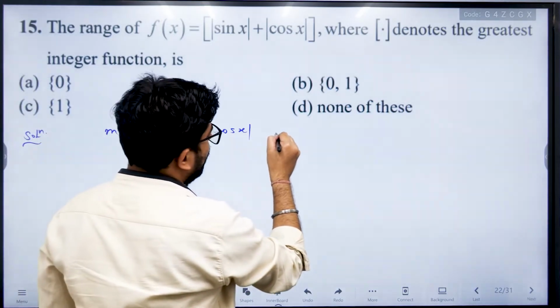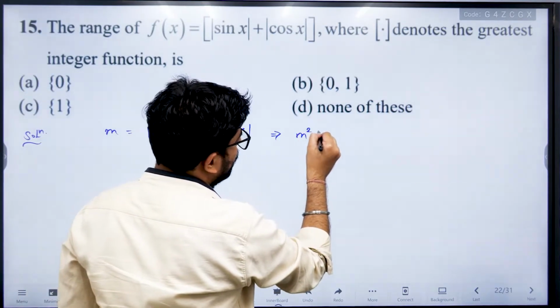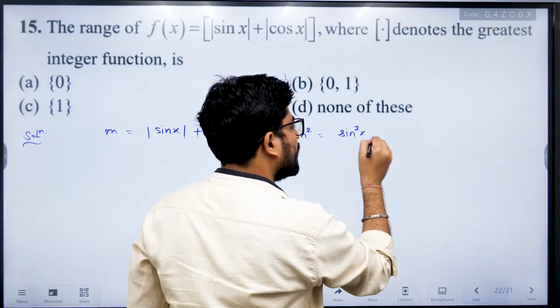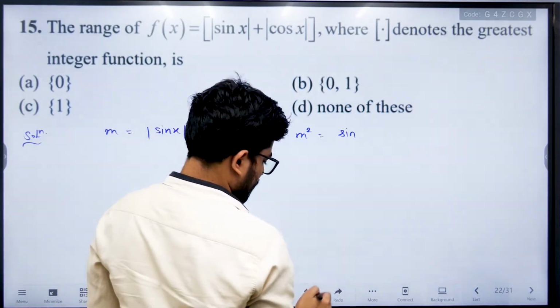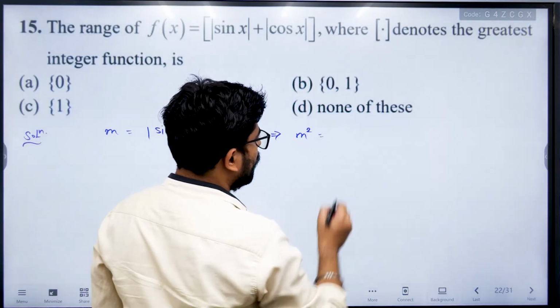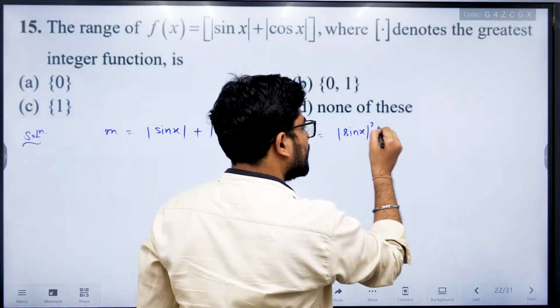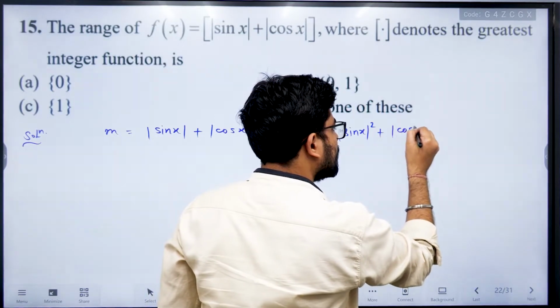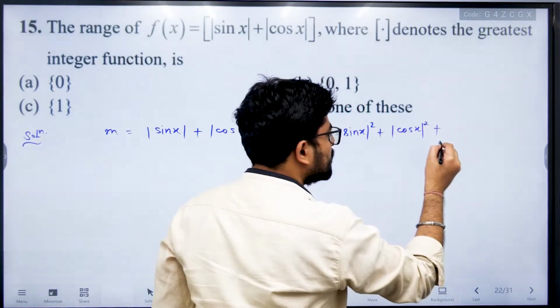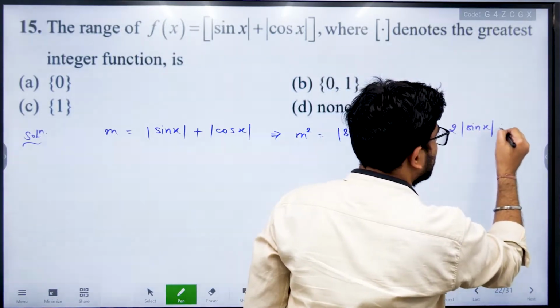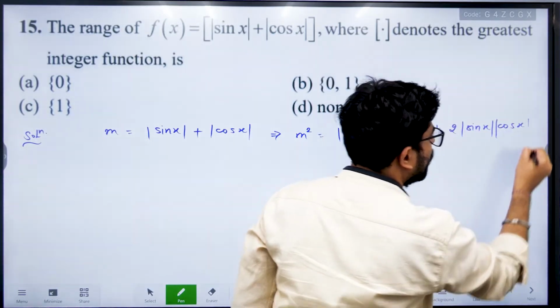So if you take the square on both sides, you will get m square is equal to square of mod sin x plus square of mod cos x plus 2 mod sin x mod cos x.